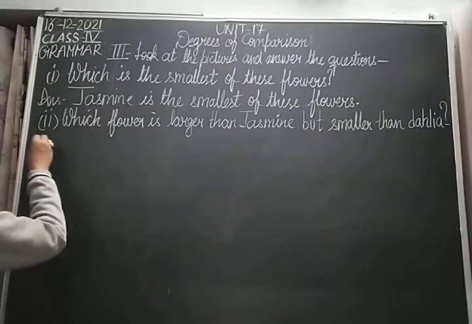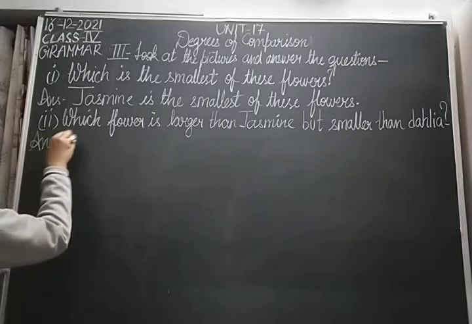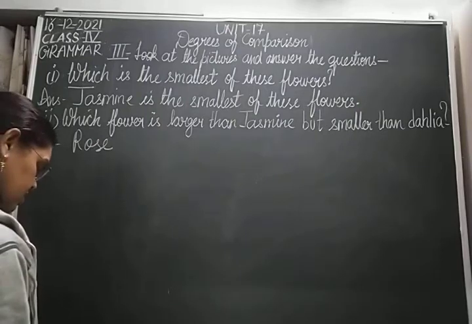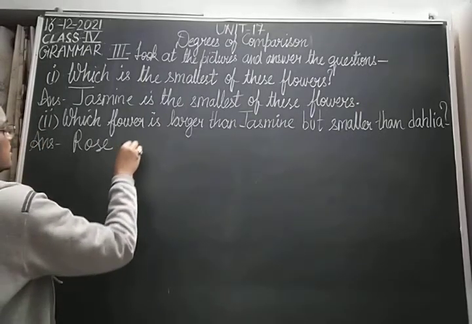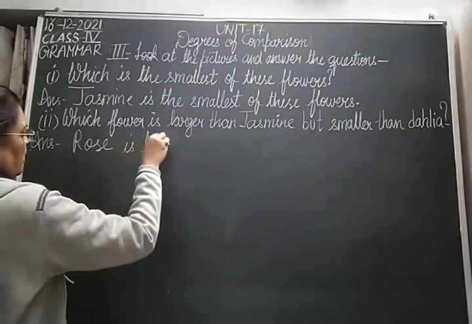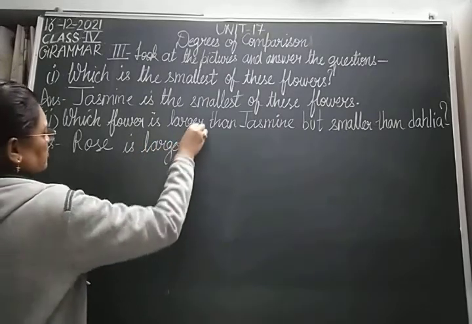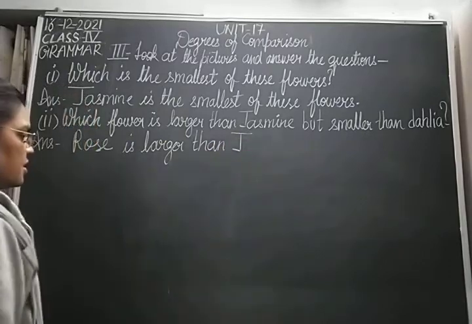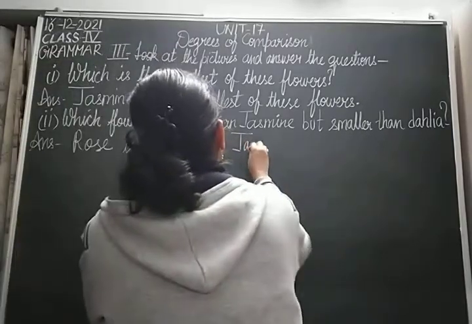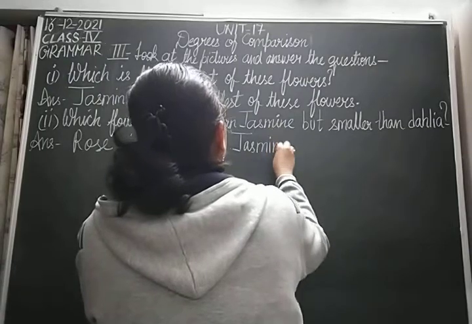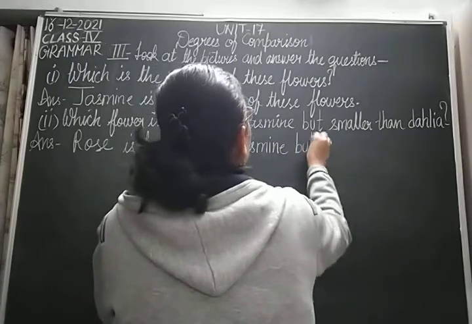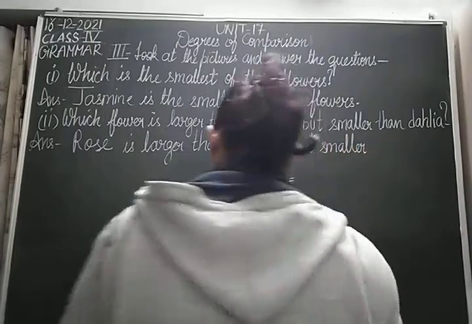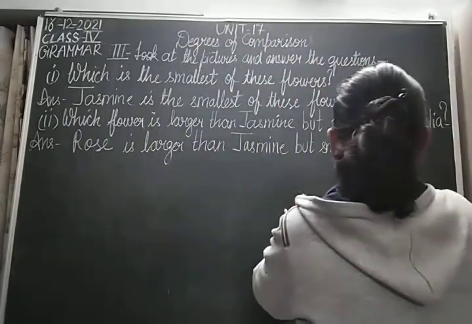So we write: Rose is larger than jasmine but smaller than dahlia.